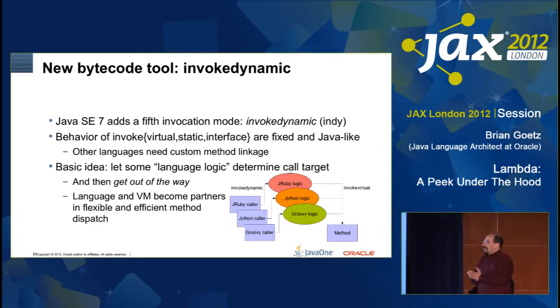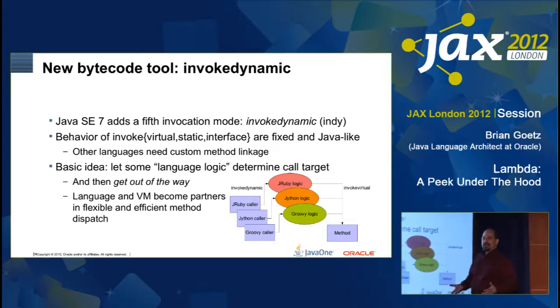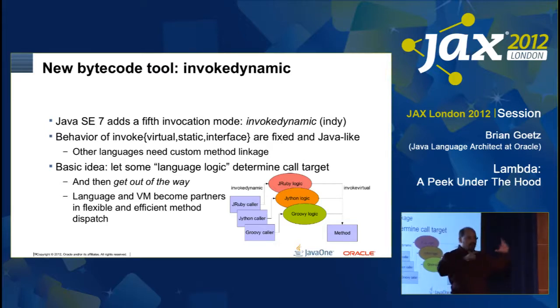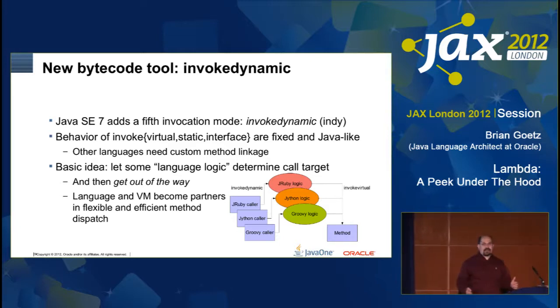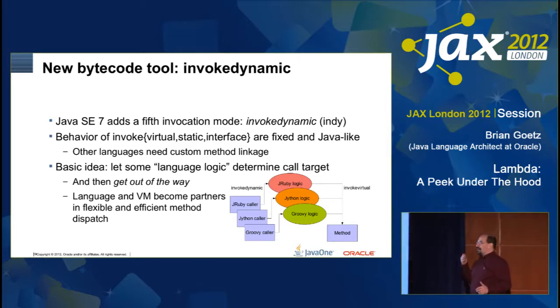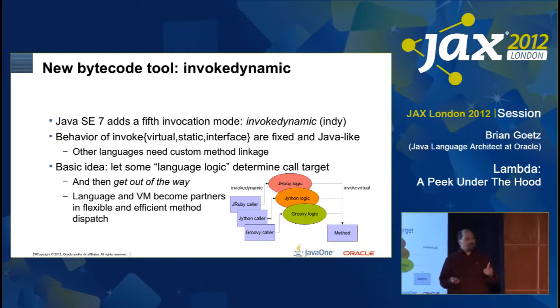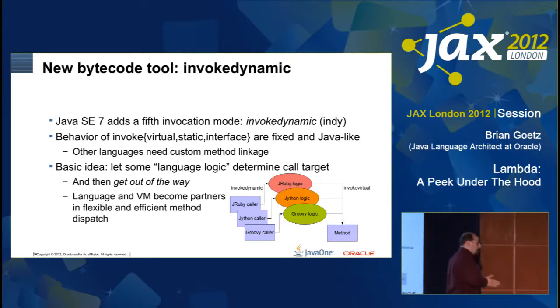Okay, so there's this sort of lie that we've been telling the Java community for many years, that the Java language and the Java VM are completely independent of each other. And it doesn't take a lot of time with the JVM specification to realize that the semantics of invoke virtual are very tightly tied to the inheritance rules for virtual methods in Java, and similar for many other aspects of the JVM bytecode.